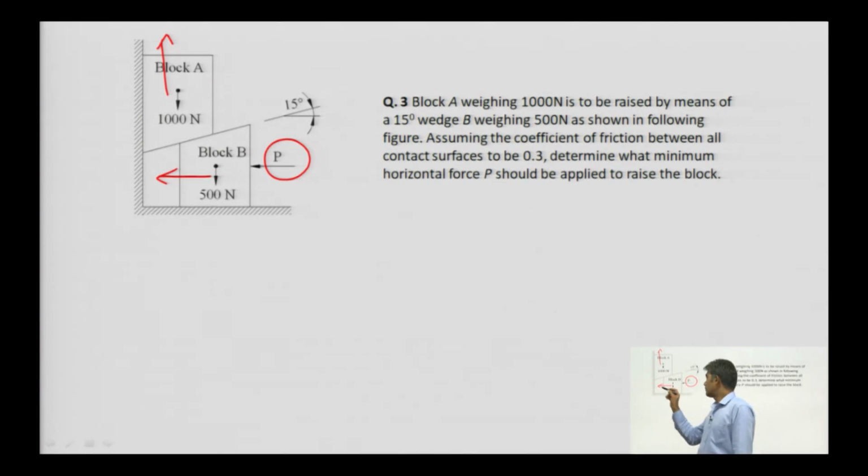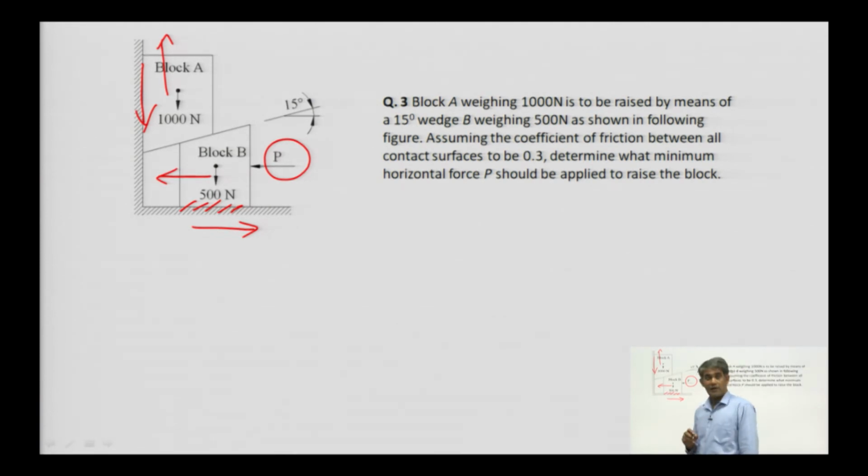Since we know the direction of the movement, the friction force for this block at the contact surface can be applied in this direction, and the friction force at the contact surface of the vertical wall and block A will be in this direction.